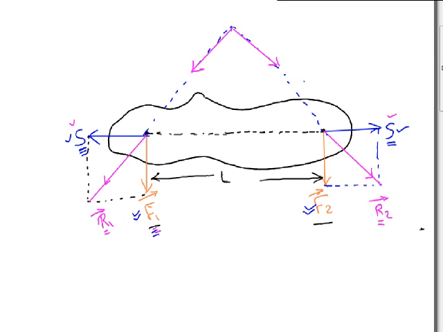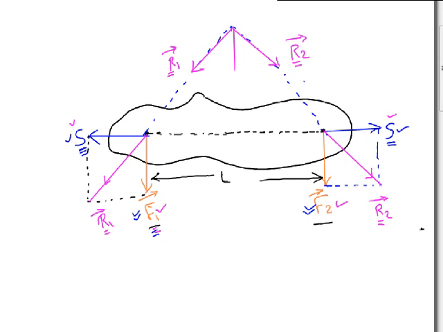So we have forces R1 bar and R2 bar, and still we can say that the resultant of these forces F1 bar and F2 bar is the same as the resultant of forces R1 bar and R2 bar. Okay, now we can split this R1 bar into two components.